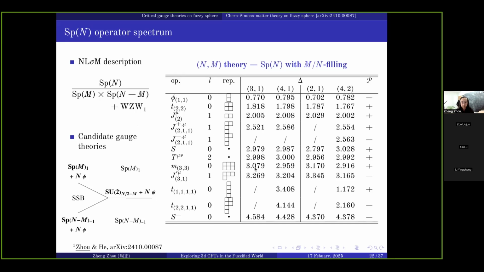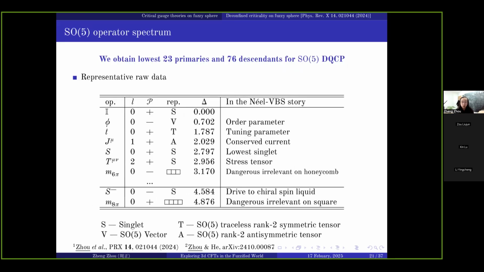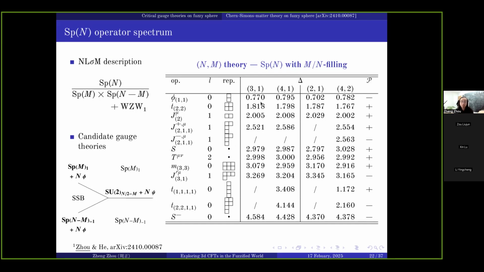I see. Naively speaking, this doesn't sound too hard, right? But our system size is very small because we can only access it by ED. For example, for the SP3 theory, the best we can do is 7 orbitals combined with 6 flavors.